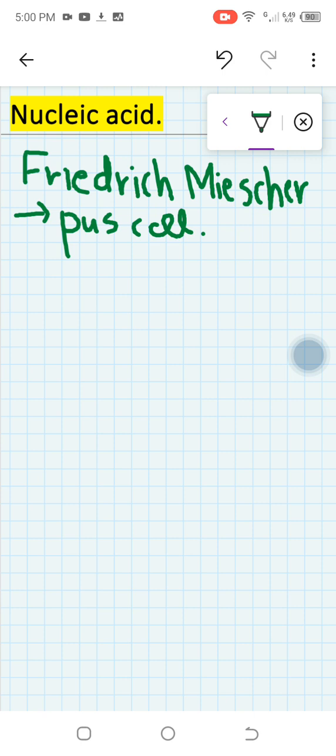After looking at this nucleic acid in the pus cell, he named it nucleine.